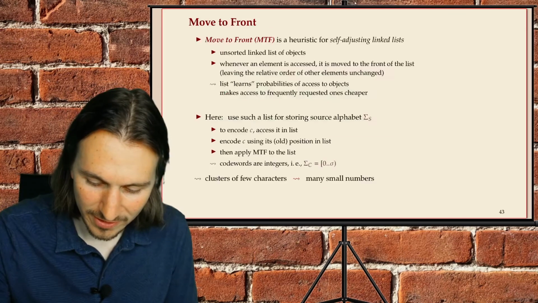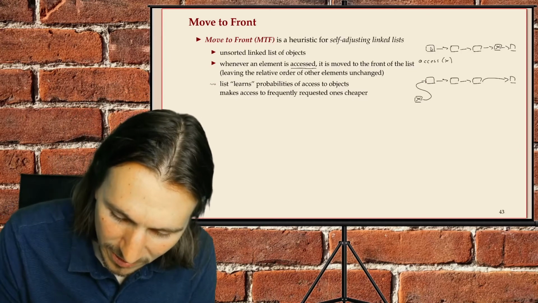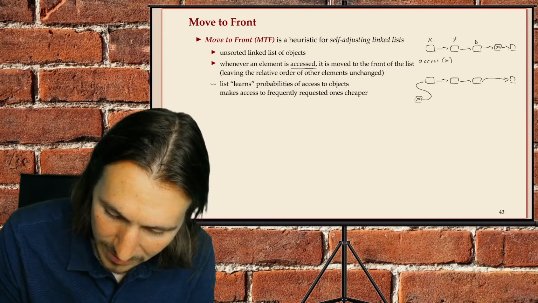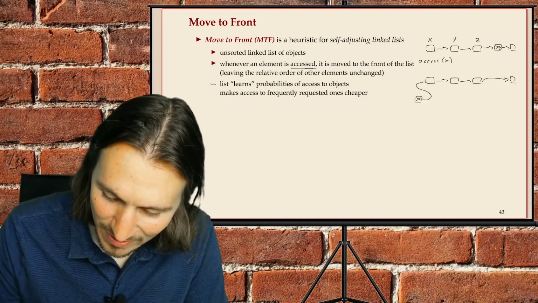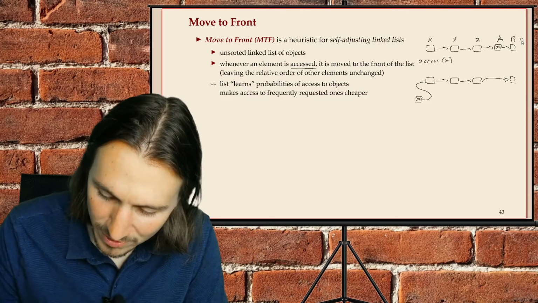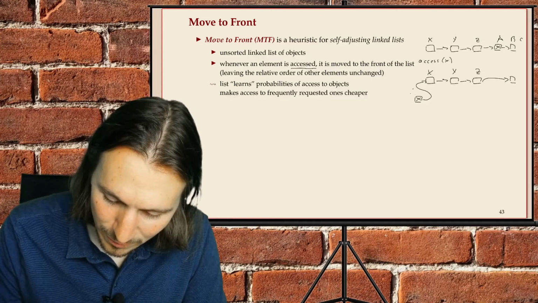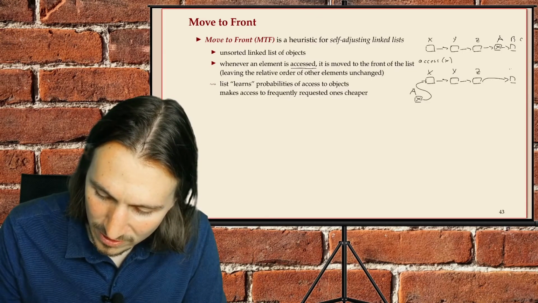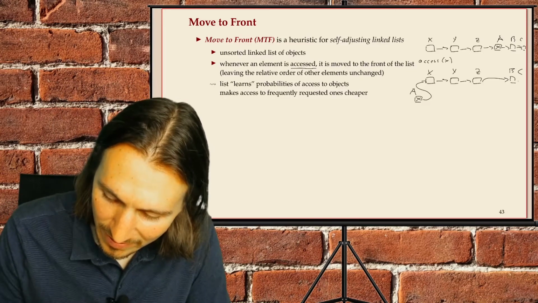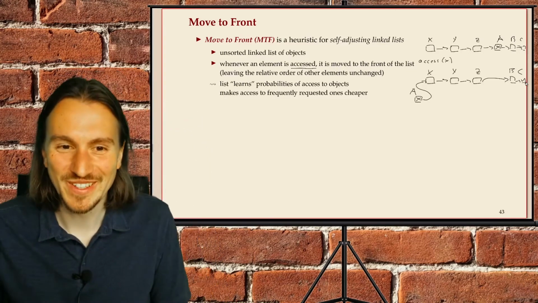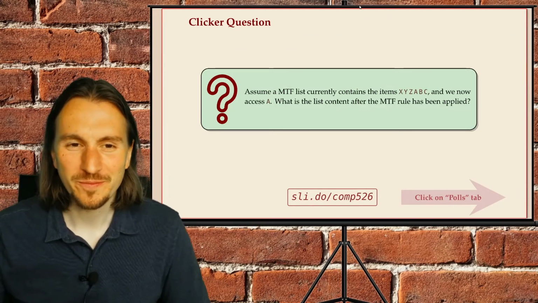As I've had it in this tiny example here, this used to be X, Y, Z, and then A, B, C, and after that you would have A, X, Y, Z, B, C. That's how it works.